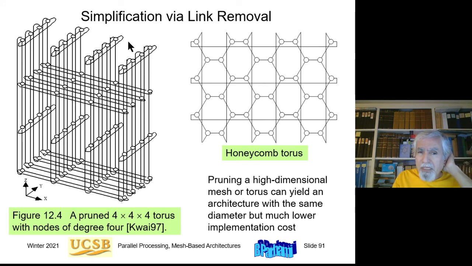Okay, so some distances increase, but this is still a 3-dimensional structure, and it takes much less area to lay it out in 2 dimensions. And therefore, some of that disadvantage of longer distances will be compensated for both by wider channels that we can have, because there are only 4 ports per processor, and also by the easier, more compact layout of the structure in 2 dimensions.